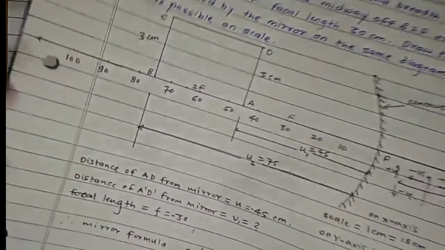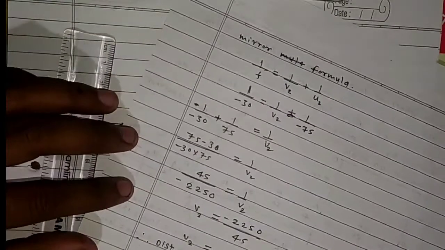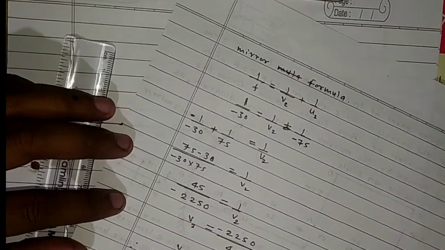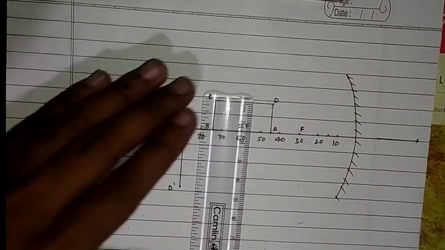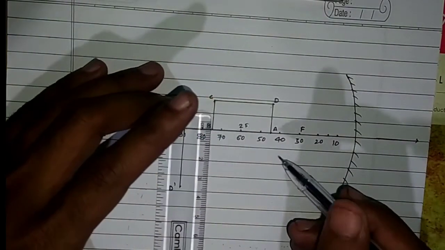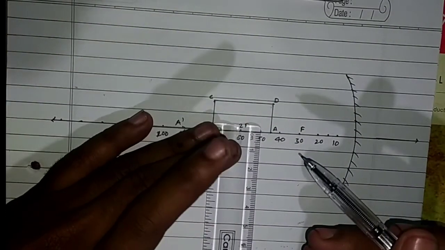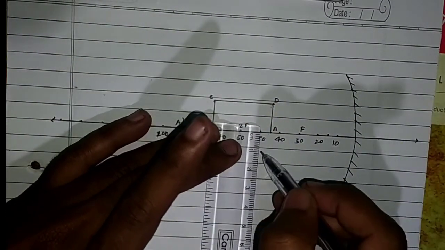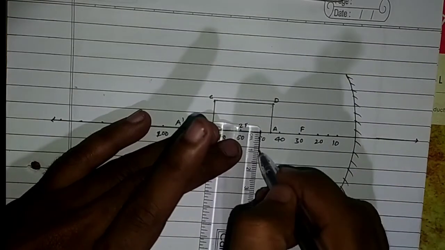Now for BC, the distance will be -50 and its height will be -2. So let's draw. For BC it is -50 and its height -2, so it is near about 1.